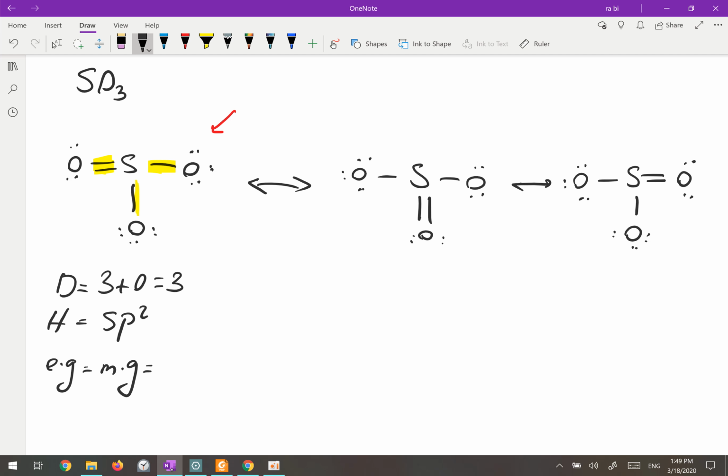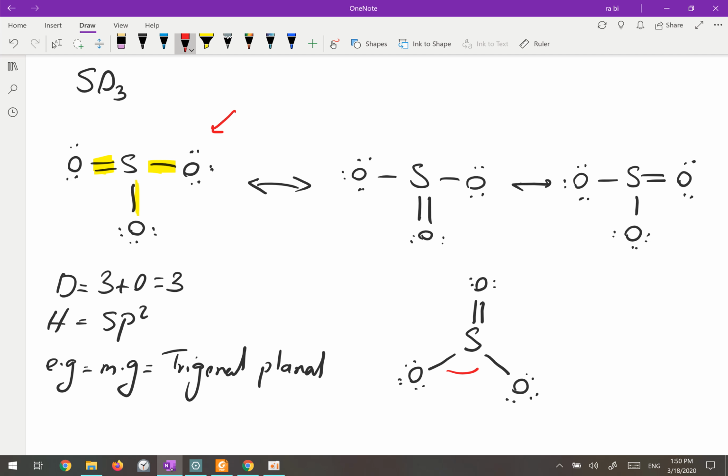For sp2, it is trigonal planar. So in your molecule, you have S here, one domain here, one domain here, one domain here. One of these domains is a double bond with oxygen, and the others are single bonds with oxygen. And the angle that you have here is 120 degrees.